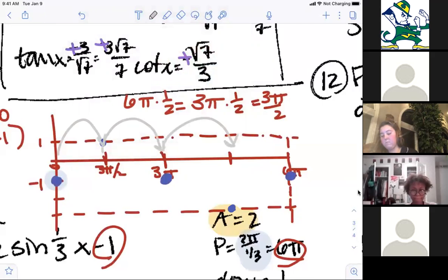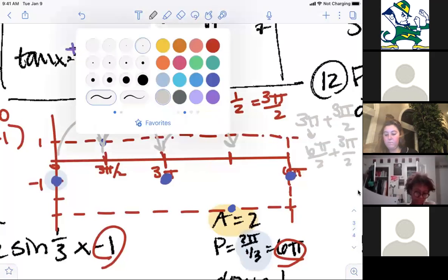So if I wanted to find this point, I would just do 3 pi plus 3 pi over 2. The best way to do that is get common denominators. So 3 pi is the same thing as 6 pi over 2, and 6 pi over 2 plus 3 pi over 2 is 9 pi over 2.